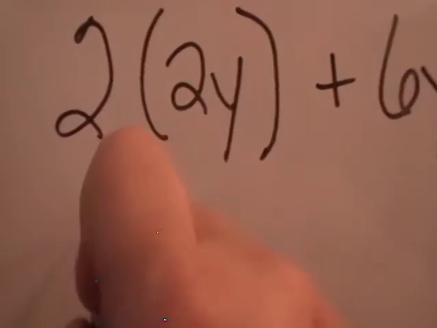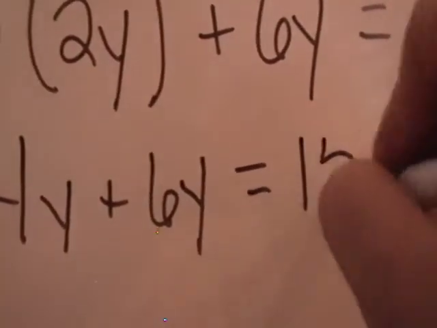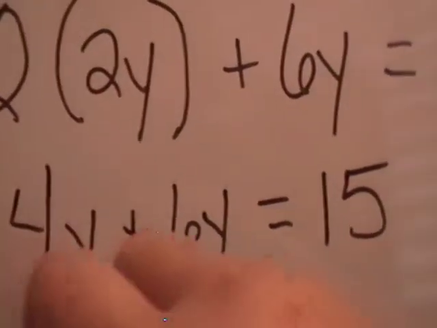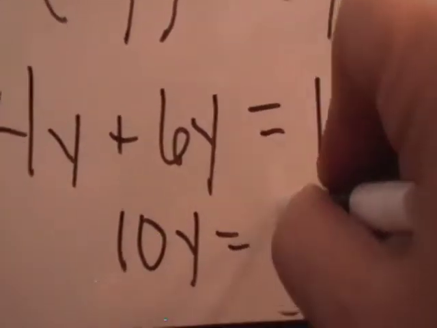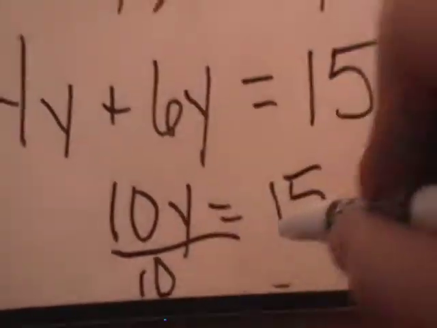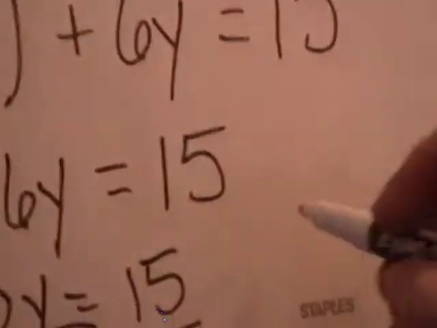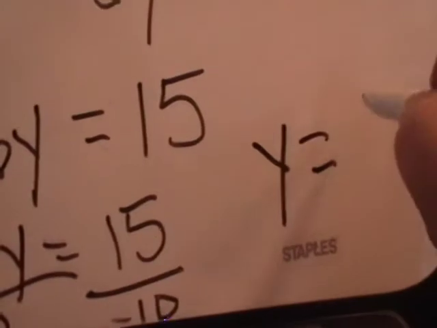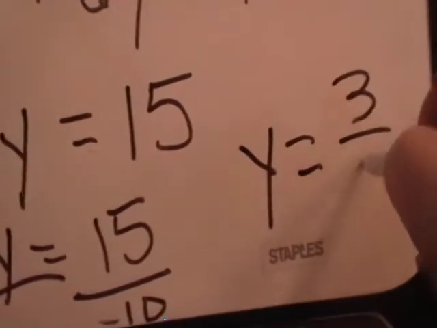So I'm going to have 4y plus 6y equals 15. 4y plus 6y is 10y equals 15. I divide by 10, I divide by 10, and I am left with y equals 3 over 2.